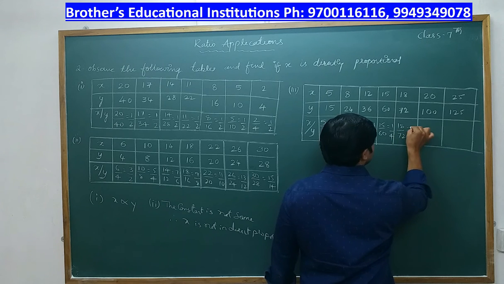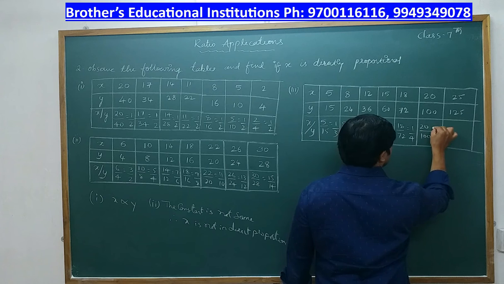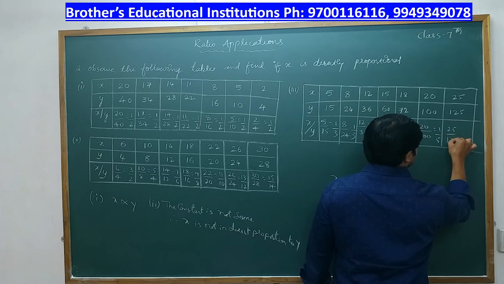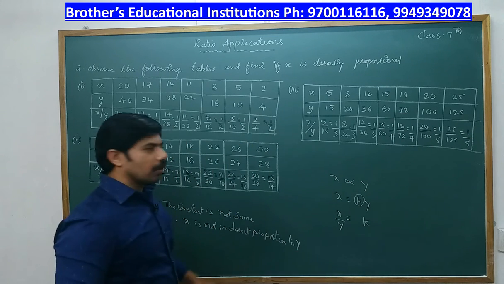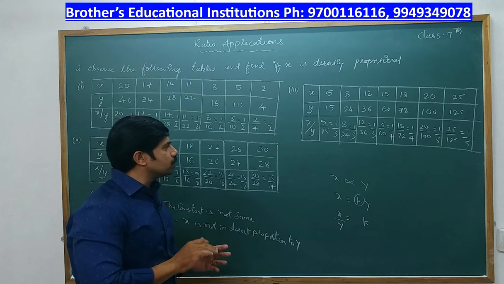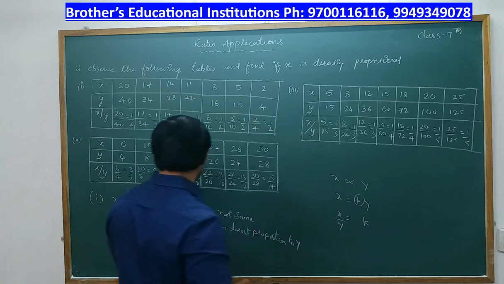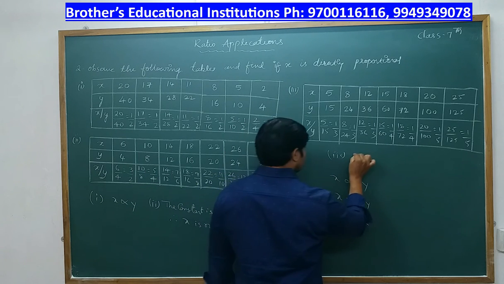18 by 72, 18 1s are 18, 18 4s are 72. Then we have 20 by 100, so 20 1s are 20, 20 5s are 100. Then 25 by 125, 25 1s are 25, 25 5s are 125. So throughout the table the constant keeps on changing. Sometimes it is 1 by 3, sometimes it is 1 by 4 and 1 by 5. So for the third one also, what is the reason we have to write?